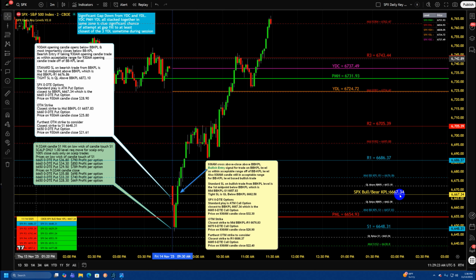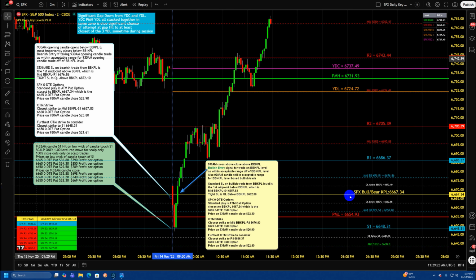So the standard play for this bearish trade on the close of this candle, closing below the bull-bear KPL in the 9:30 a.m. opening candle, is going to be the 66.65 SPX 0DTE put option.